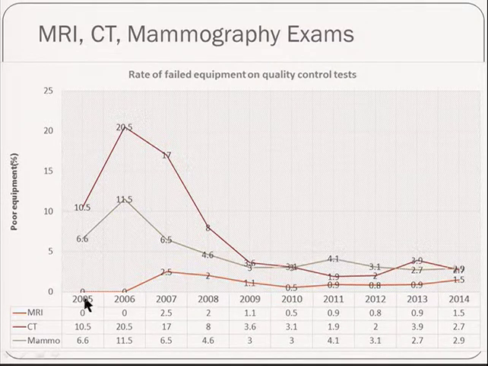At this time we did not do MRI quality control, but for CT scan and mammography there was a high failure rate, and after 5 years the failure rate decreased. So we regarded the lowering failure rate as the success of the quality control.